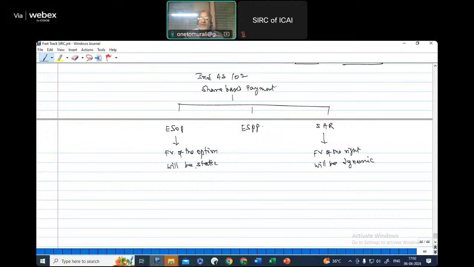That is the benefit, and that is the incentive for the employee to continue with the employment.